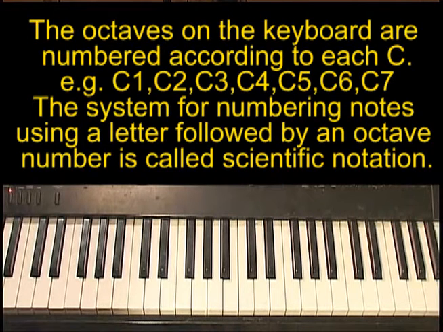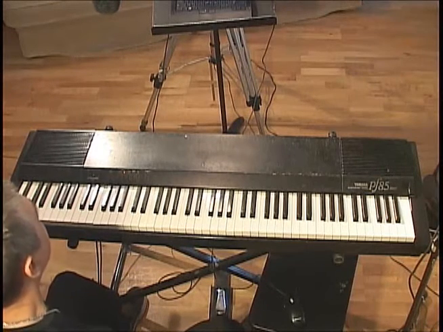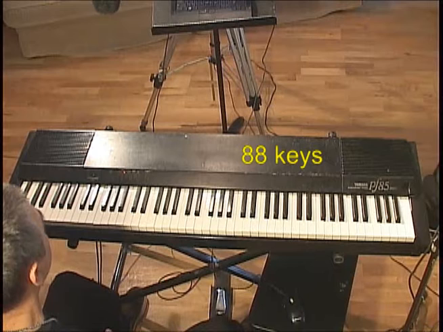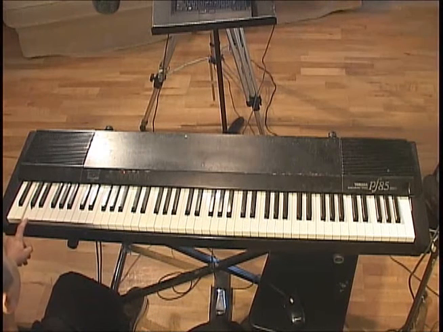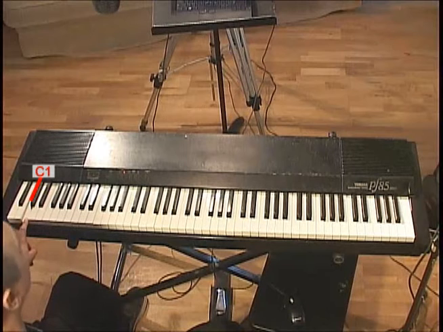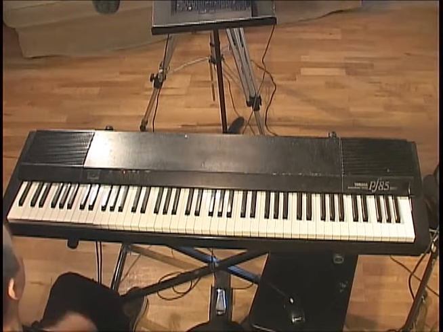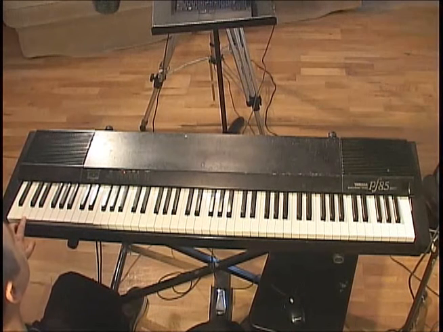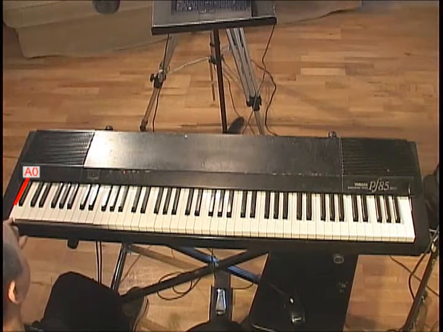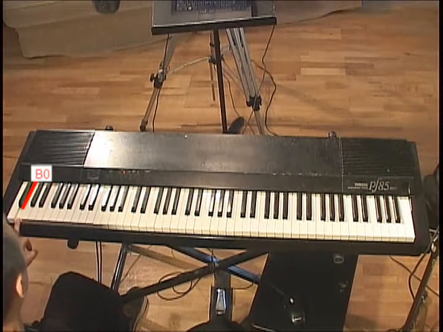This numbering system is called scientific notation. A standard piano keyboard has 88 keys. The first octave begins with the first C, which is C1. Since the first three notes are below the first octave, their octave number is 0. This is A0 and B0.